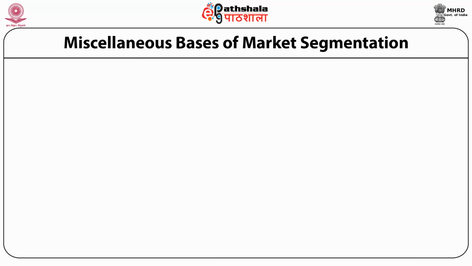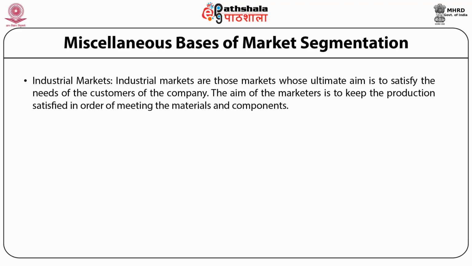There are other miscellaneous bases of market segmentation which are practically taken by business firms whenever required or when the situation allows. Among the important ones is the industrial market, on the basis of which the market is segmented.